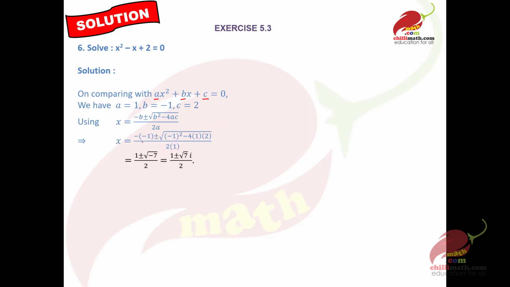Upon solving, we get 1 plus minus 1 minus 8, minus 7, by 2, which is equal to 1 plus minus root 7 iota by 2, which is your required answer.